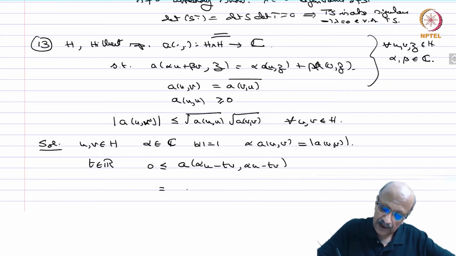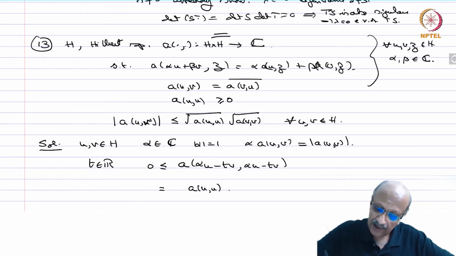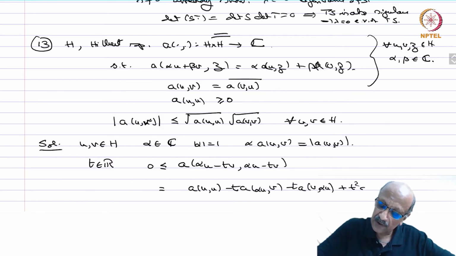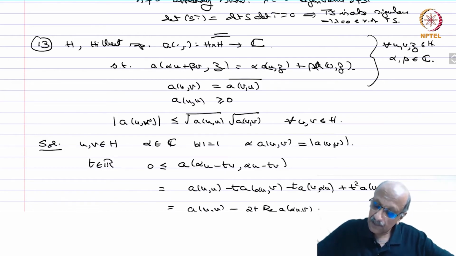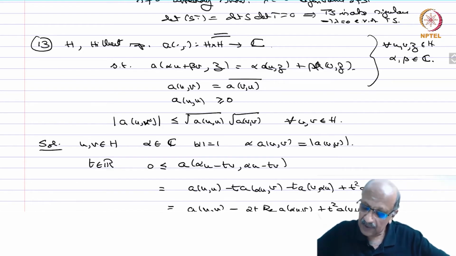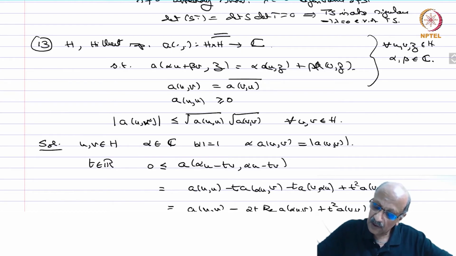So that's equal to A(u,u), and then alpha and alpha bar will come from the other one, that will give you mod alpha square, which is 1, minus A(alpha u, t v), t is a real number, then minus A of t v, alpha u, plus t square A(v,v). Now one is the conjugate of the other by the second property, and therefore this is equal to A(u,u) minus 2t real part of A(alpha u, v) plus t square A(v,v), which is equal to A(u,u) minus 2t times, now alpha will come out, alpha A(u,v) is mod of it, and the real part is therefore itself, so mod A(u,v), plus t square A(v,v).